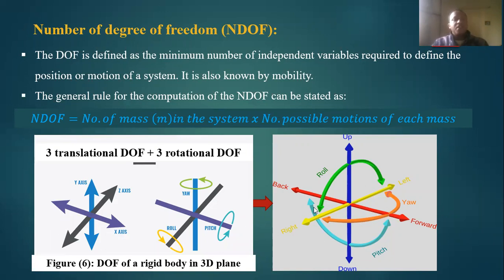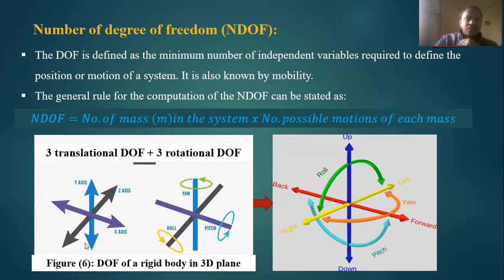In general, for 3D objects, we have 6 degrees of freedom. These are 3 translational degrees of freedom plus 3 rotational degrees of freedom. The 3 translational degrees of freedom are the translation along the x-axis, just like this, the translation along the z-axis, and the translation along the y-axis.